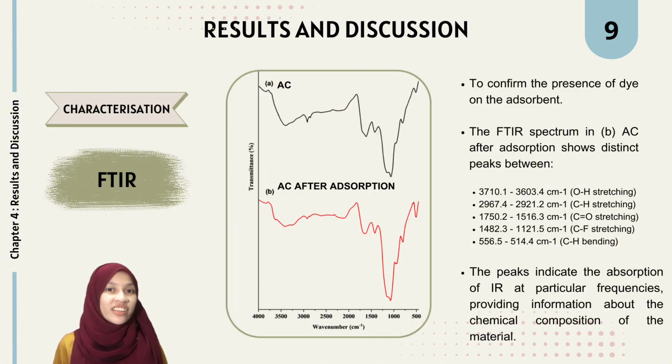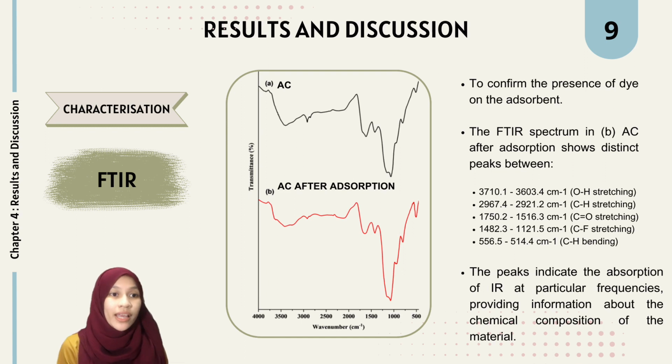For the second characterization, we use Fourier transform infrared spectroscopy, or we call it FTIR. It is used to identify the chemical bonds in a molecule and to study the absorption properties of the adsorbent. From the graph, it shows the FTIR analysis of the activated carbon and the activated carbon after absorption.